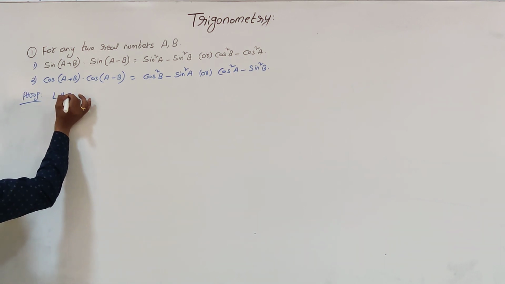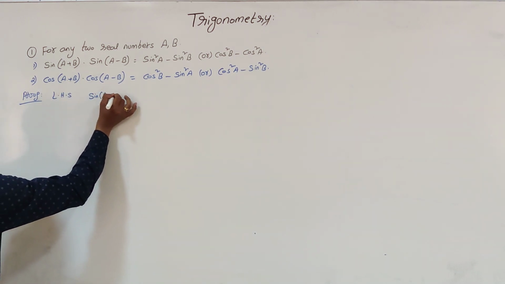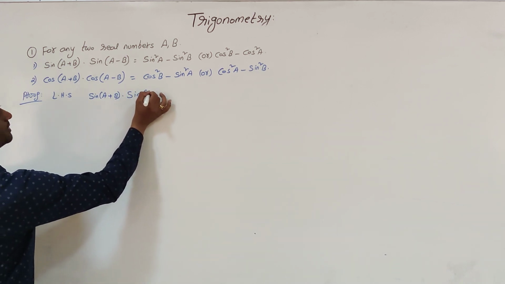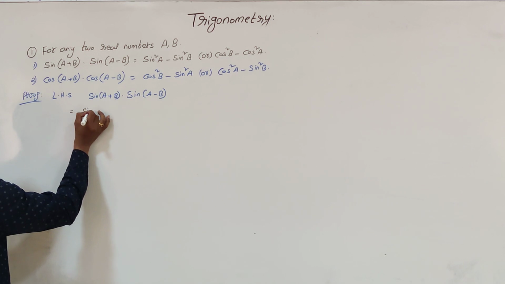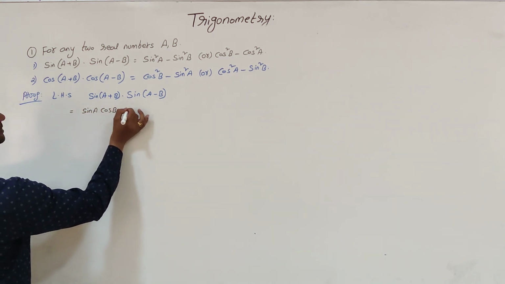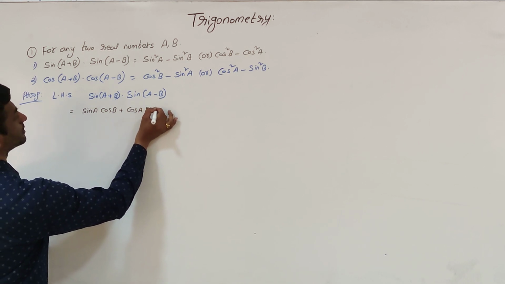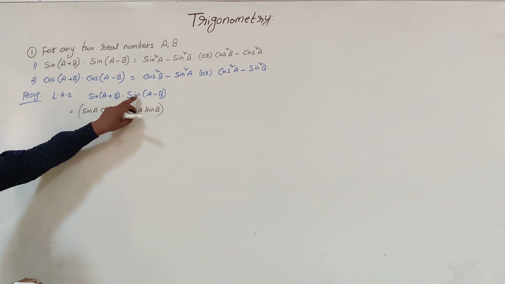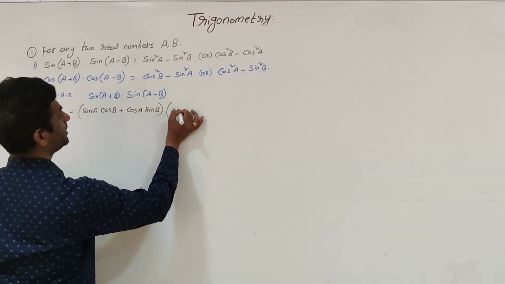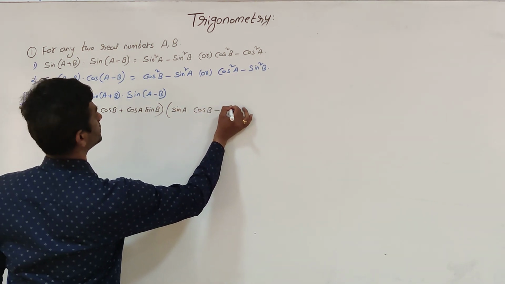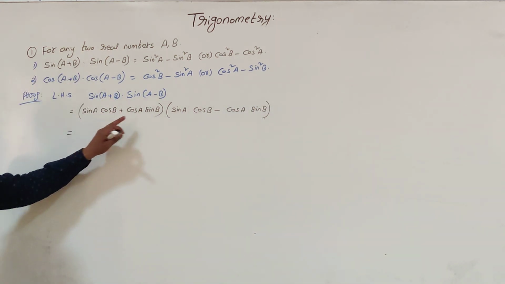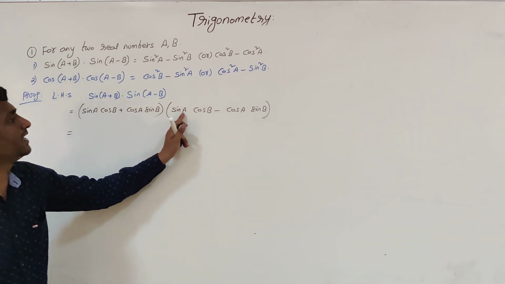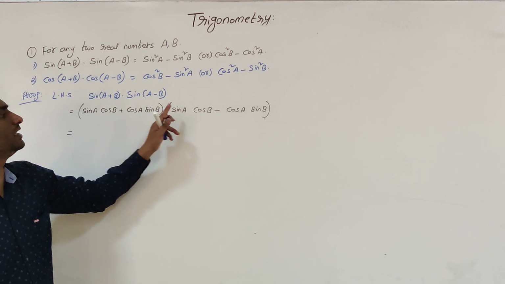LHS, that is sin of A plus B into sin of A minus B. This we can prove by expansion of A plus B and A minus B. So what is sin of A plus B? Sin A cos B plus cos A sin B. That is the expansion of sin of A plus B, into sin of A minus B, which is sin A cos B minus cos A sin B. Now this seems to be like x plus y into x minus y, or a plus b into a minus b.